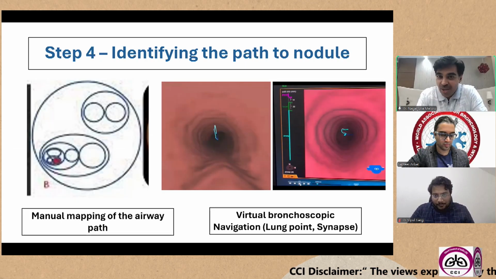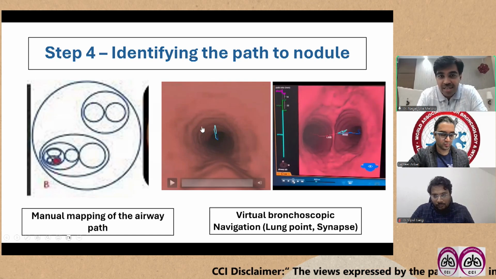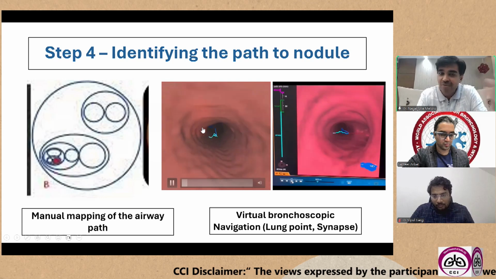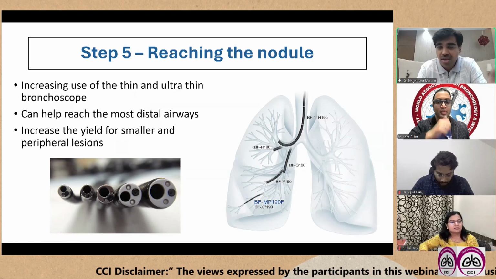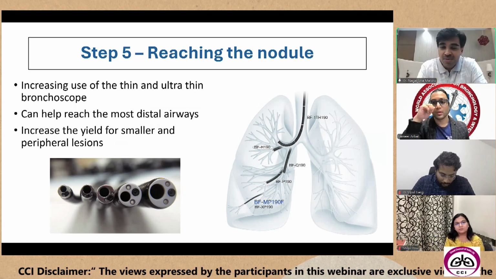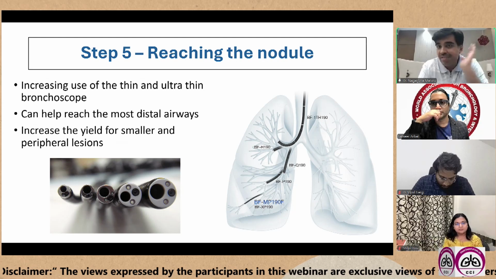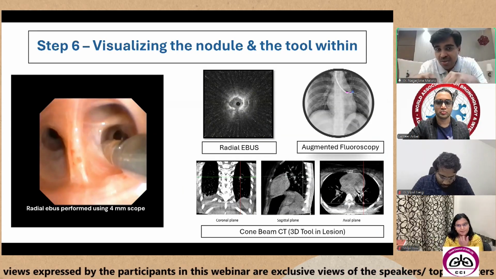Once you decide to do a bronchoscopic biopsy, then you identify the path. There are several ways to identify. Again, we have pulmonologists to help us, navigation, manual, so on and so forth. Once you know the path, you have to reach the nodule. That is where comes the role of thin bronchoscopes and several other technologies. Once you reach the nodule, you have to see the nodule.